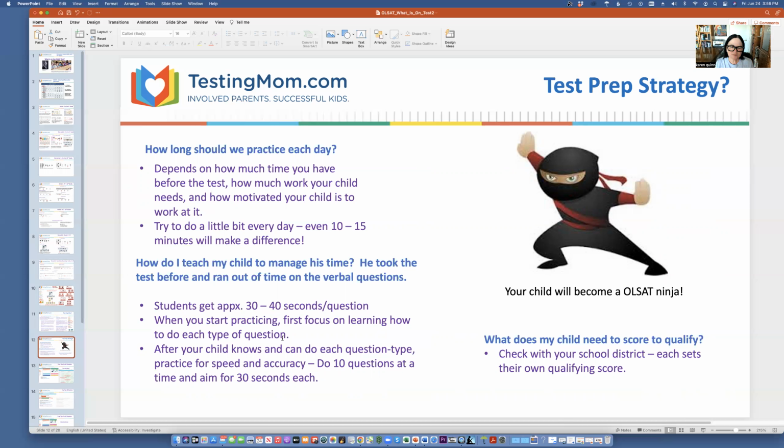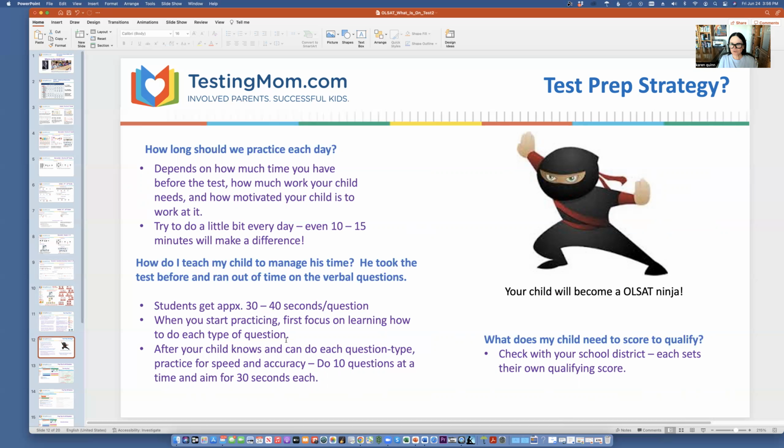And in terms of teaching kids to manage their time, on the actual test, students get, in general, like 30 to 40 seconds a question. So when you first start working with your child, you want to make sure they know how to do the question. Don't worry about the time. Just make sure they understand how to think through the type of question you're doing and to get to the answer.